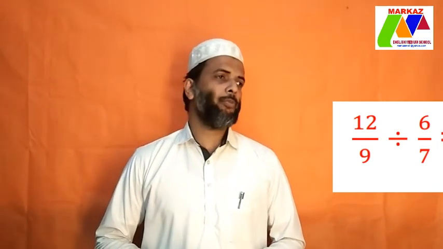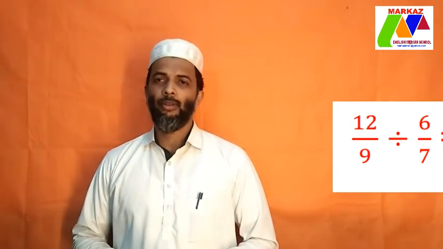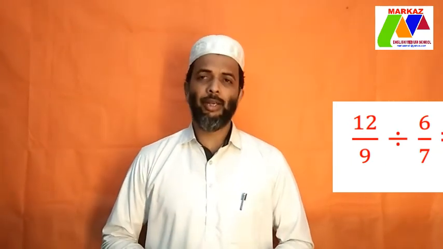Next, dividing a fraction by a fraction. Here also the same steps have to be followed. For example, write down your next question: 12 by 9 divided by 6 by 7. All of you write down the question.